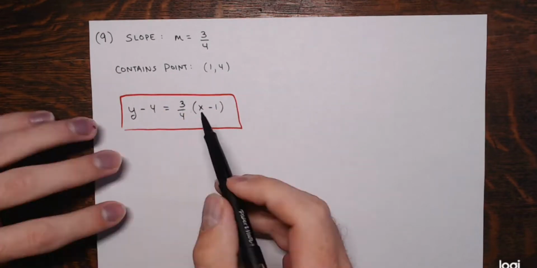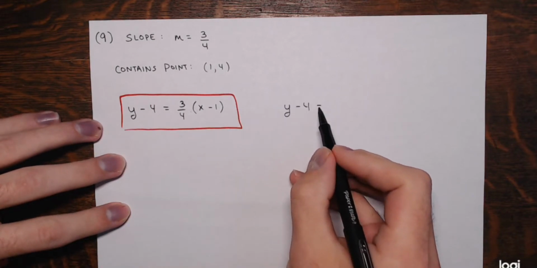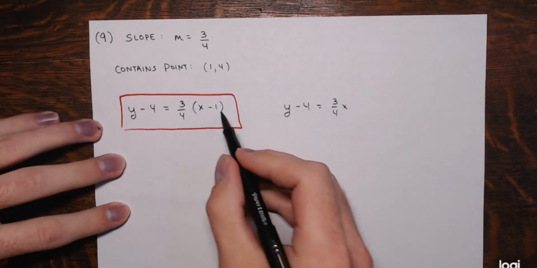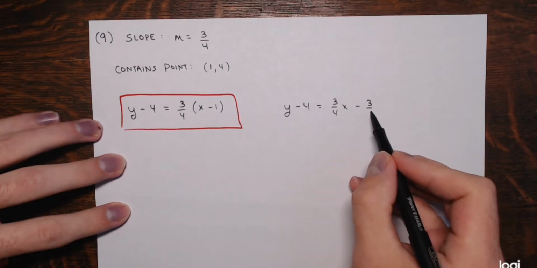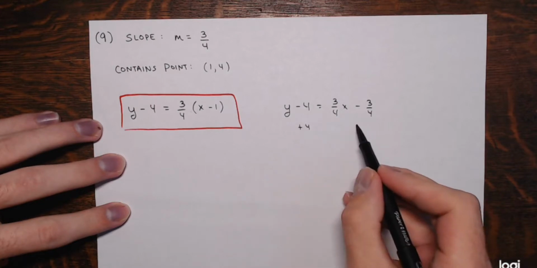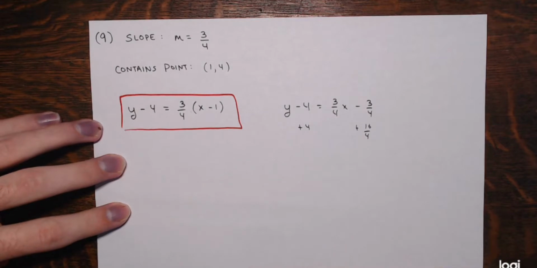Then I would distribute the 3/4. We get y minus 4 equals 3/4 x minus 3/4. And then I would add 4 to both sides, which is 16/4. Remember, when you add numbers and subtract numbers, you need a common denominator.